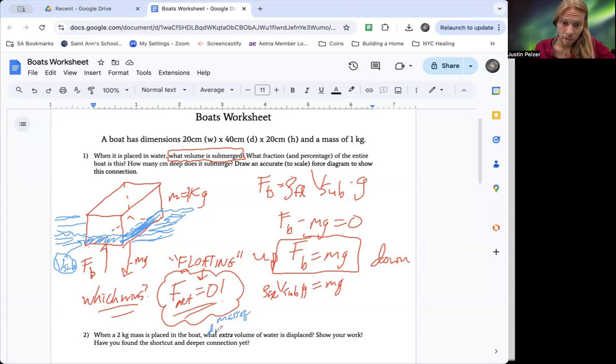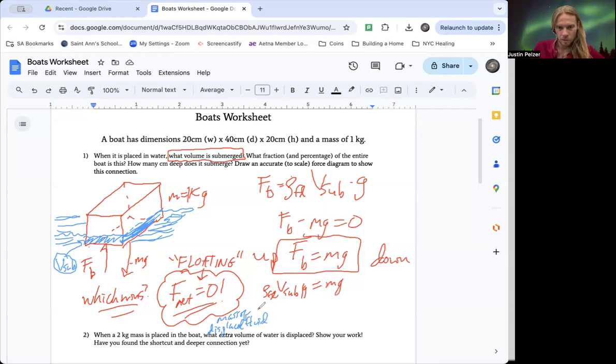That's the mass of the displaced fluid, which means the buoyancy force is the weight of the displaced fluid. That's called Archimedes' principle. And that's like a ding, ding, ding, extra special conceptual realization where you realize that's really what's going on.